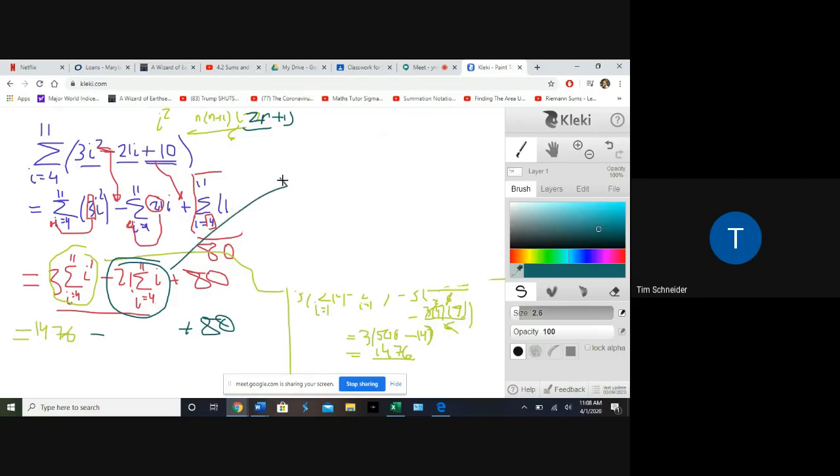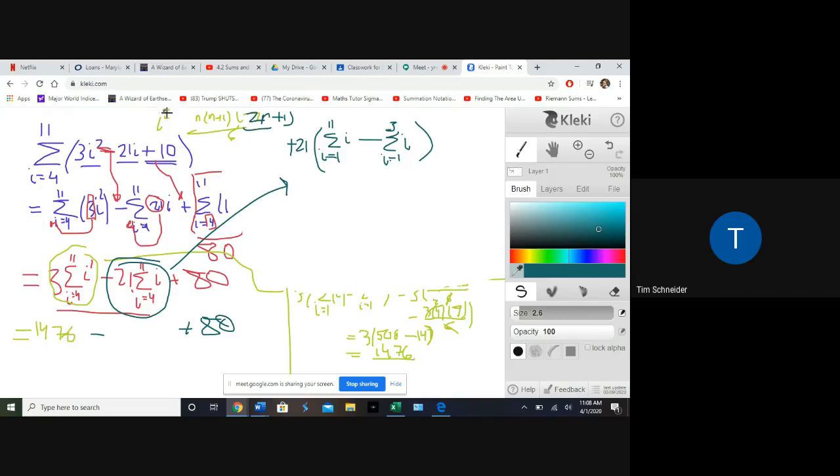Okay, this part right here, we have negative 21. Well, we're going to be subtracting whatever we get, so it's fine. 21 times the sum from i equals 1 to 11 of i this time, minus the sum from i equals 1 to 3 of i.